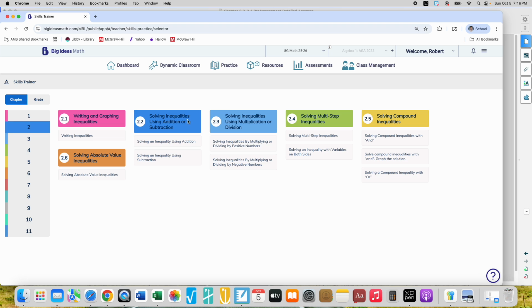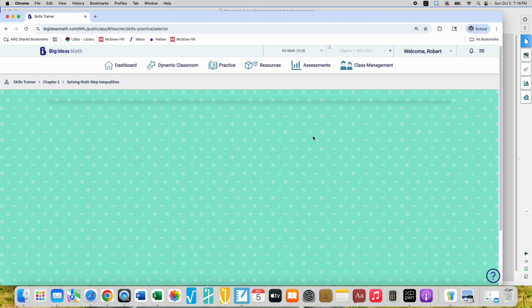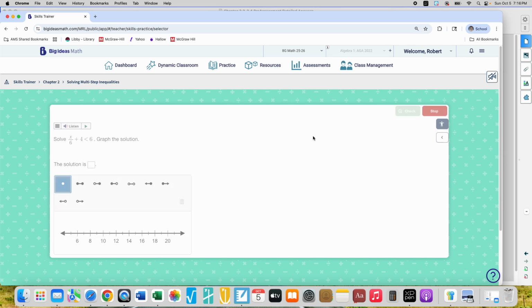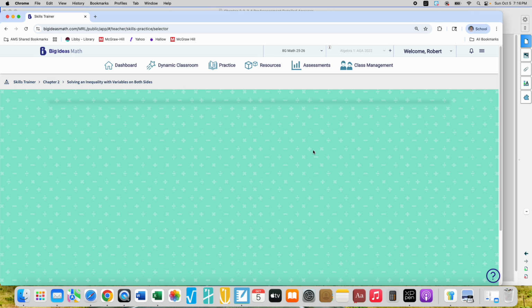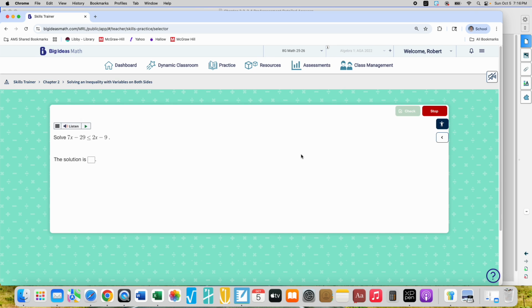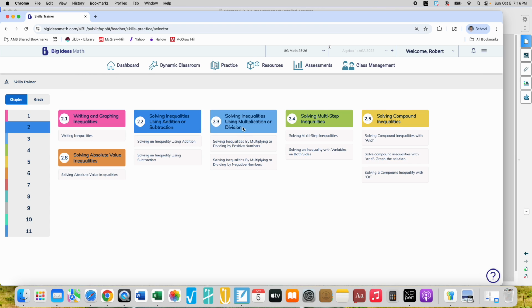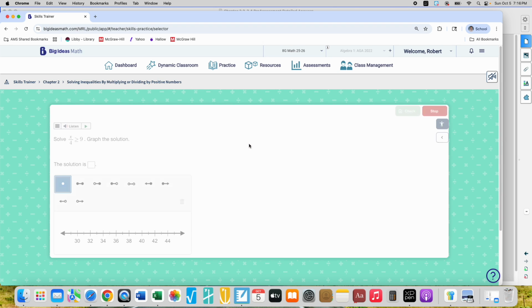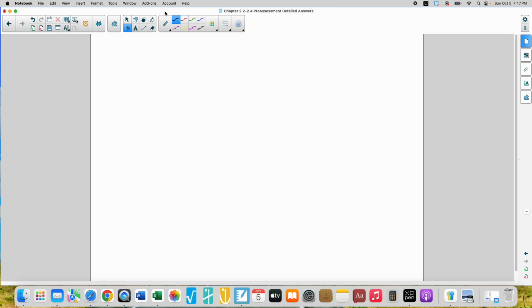And if you want to do solving multi-step inequalities, there's an infinite number of inequalities that we can do, and then you graph it, and then you check it. And that's really awesome. You can also do lots of steps, and then you can also do multiplication and division. So you have an infinite number of problems, especially with this assessment, that you can take advantage of. So I hope you do.